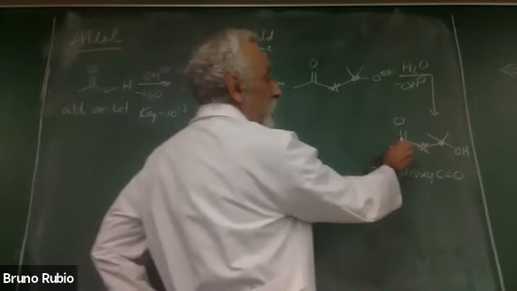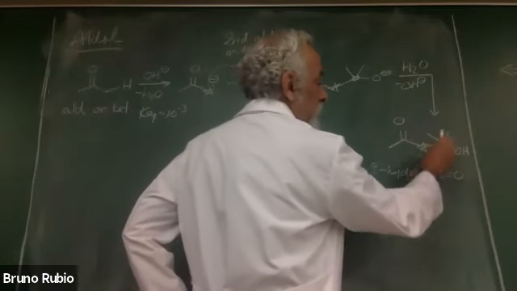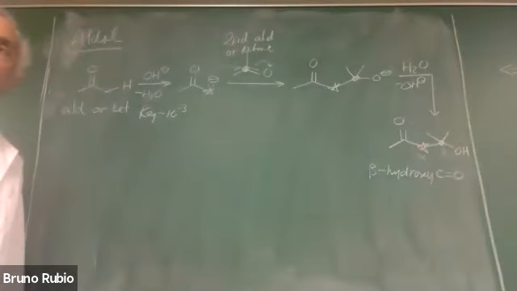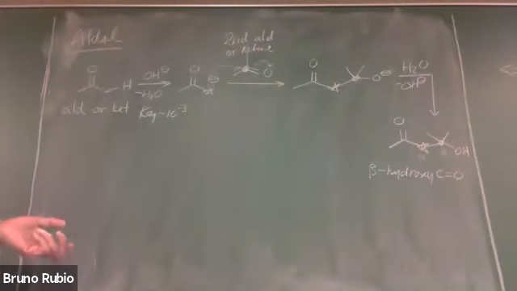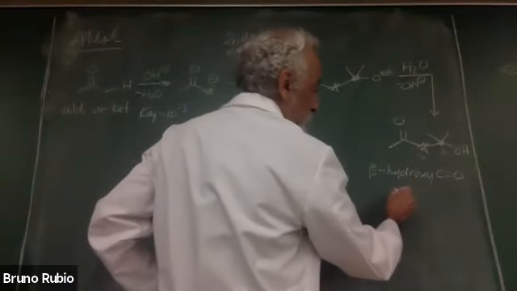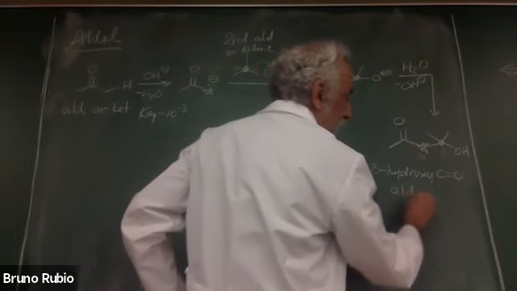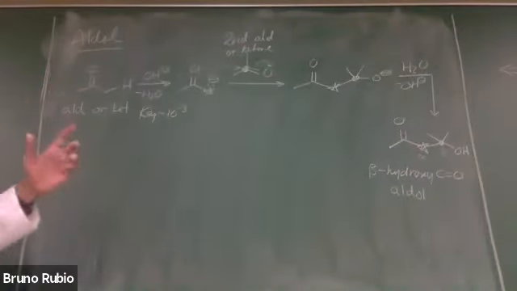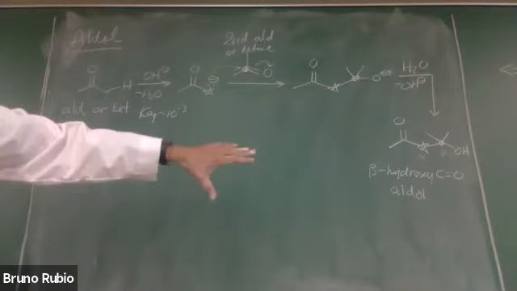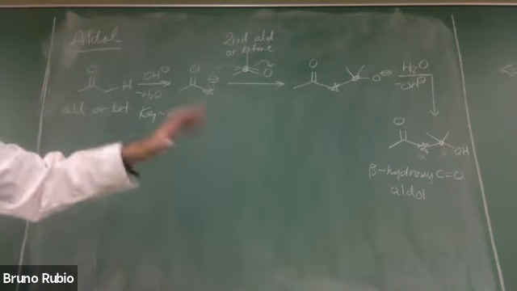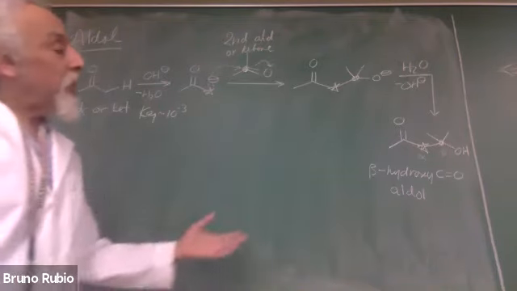There's the carbonyl carbon, there's the alpha carbon. The carbon next to the alpha carbon is the beta carbon. So that's why this is called beta hydroxycarbonyl. Another name for this intermediate is an aldol. So that's where this reaction gets its name: the product of this aldol reaction is this beta hydroxycarbonyl, which is also called an aldol.